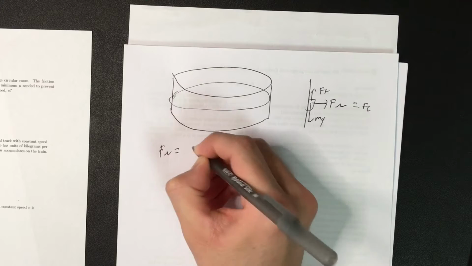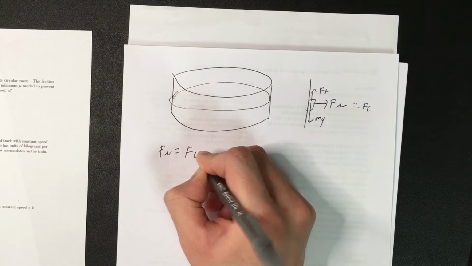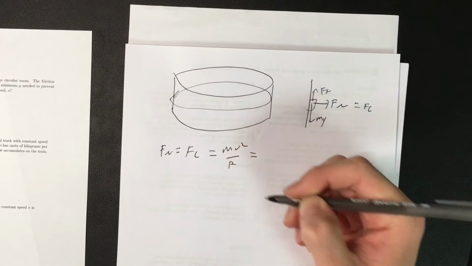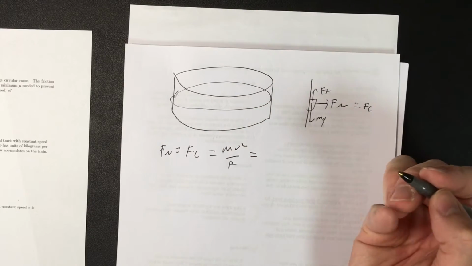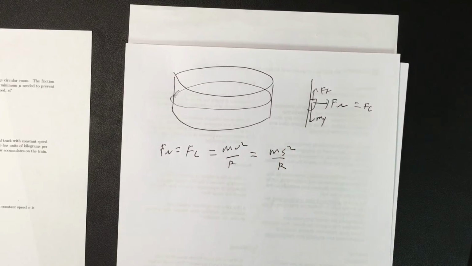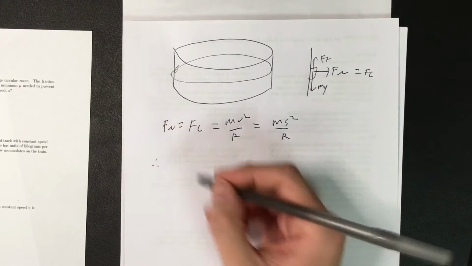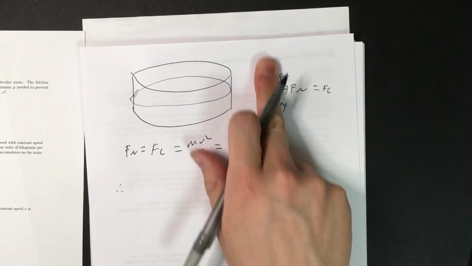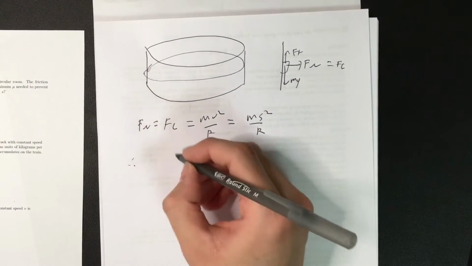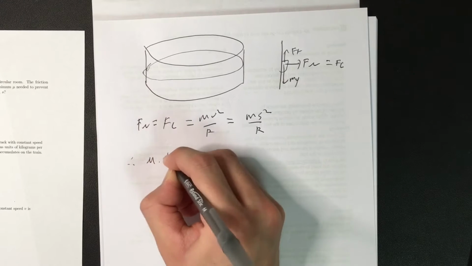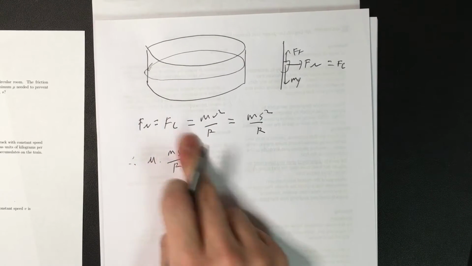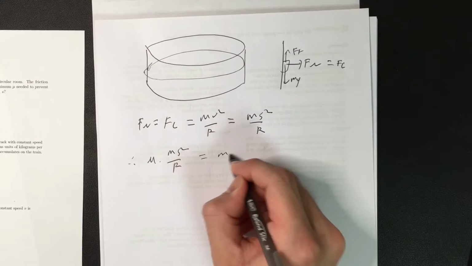Since the normal force equals the centripetal force, this should equal mv squared over r, and since the problem said the motorcycle speed is s, this is going to be ms squared over r. So therefore, since the net force along the vertical direction should be 0 from Newton's second law, mu times ms squared over r, or mu times Fn equal to friction, should equal mg.